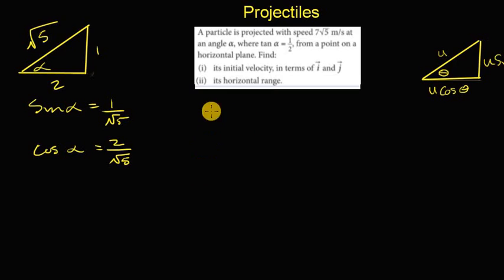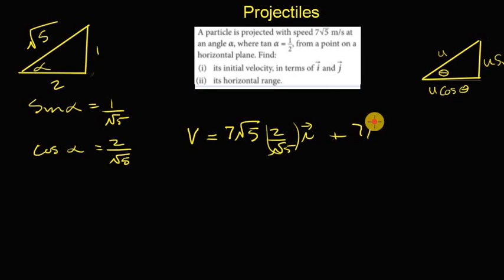So now I can write that the velocity of this vector is equal to u, which is 7√5, times cosine alpha, which is 2 over √5, and that's in the i direction, plus 7√5 times sine alpha, which is 1 over √5, and that's in the j direction.